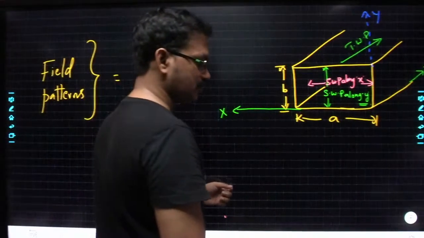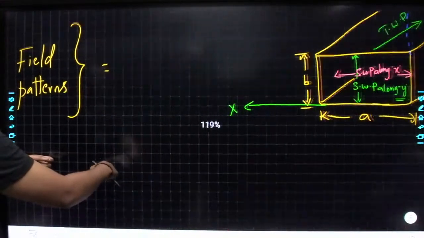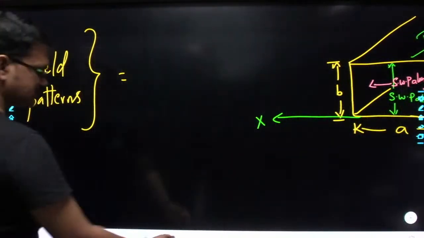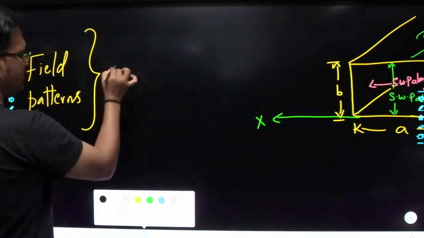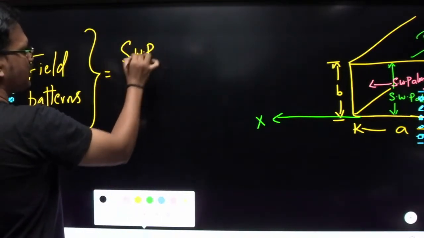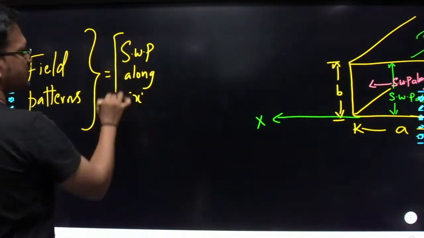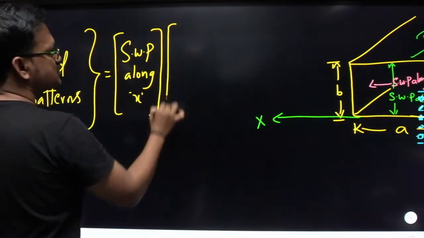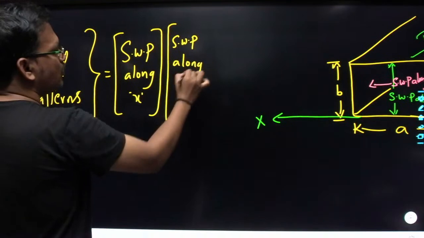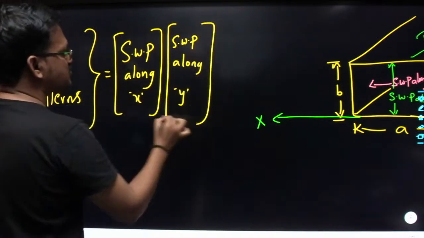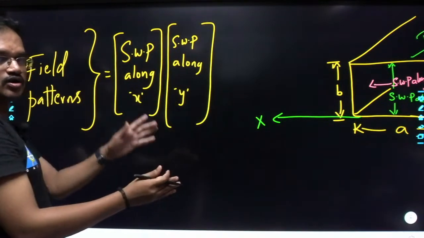So the field patterns inside the waveguide, how can we represent them here? It must have the standing wave pattern along the x direction, multiplied by the standing wave pattern along the y direction. As you move along x, you are moving between the two conducting plates at x equal to 0 and x equal to a.